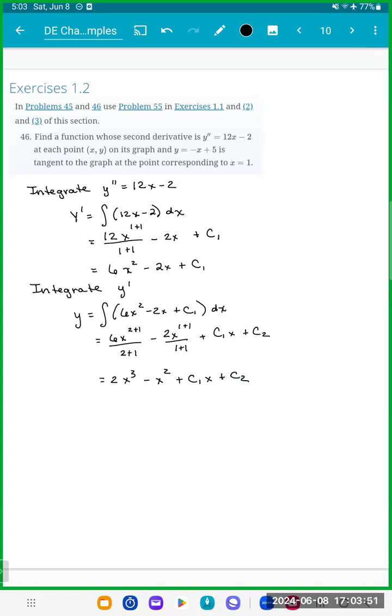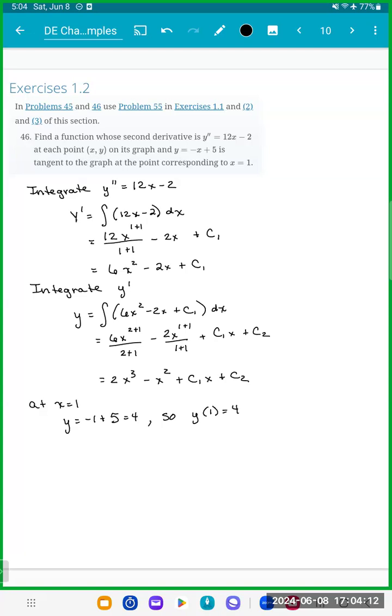And so when we look at this at x equal to 1, we get that y is equal to -1 plus 5, which equals 4, okay? So that means that y evaluated at 1 is equal to 4.